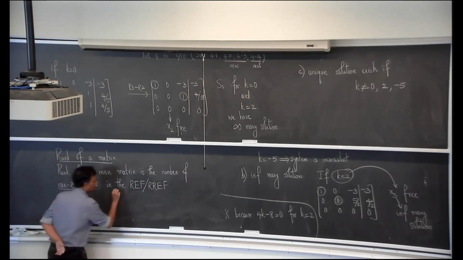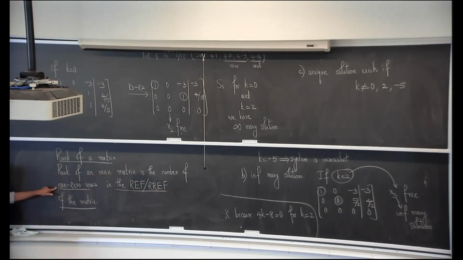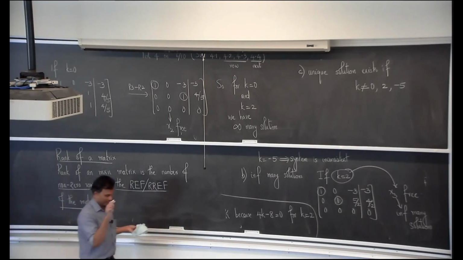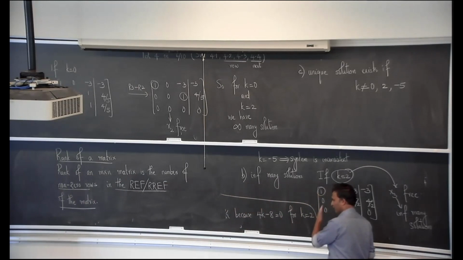There are two parts to this statement. One, you're counting the number of rows which are not just full of zeros, and you count it in the REF, not in the original matrix. So don't just take a matrix and start counting the number of rows. That's not going to do it. You have to first get the REF and then count the number of rows.